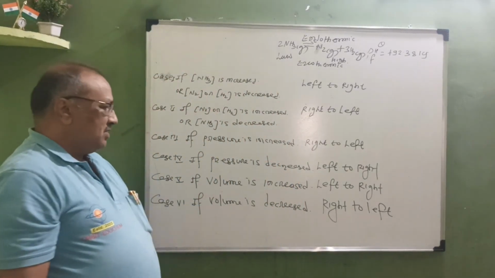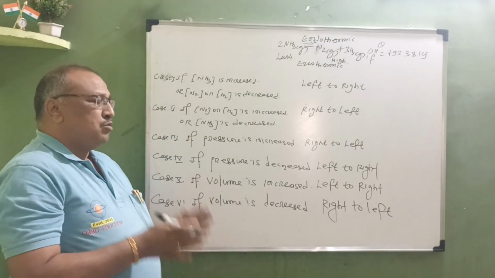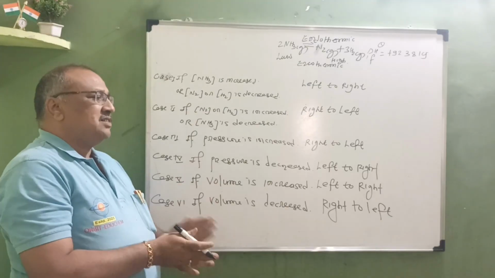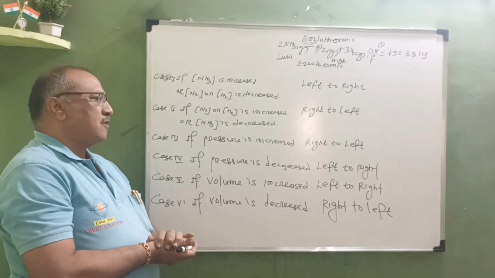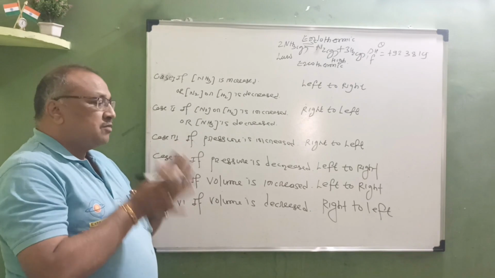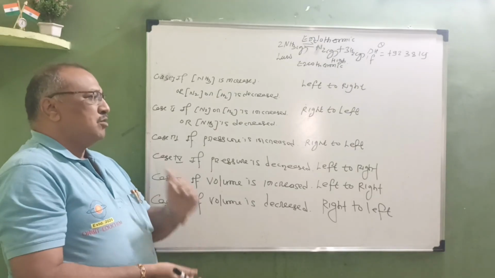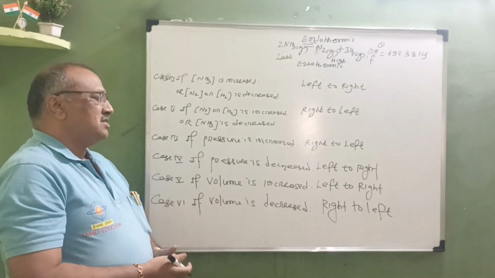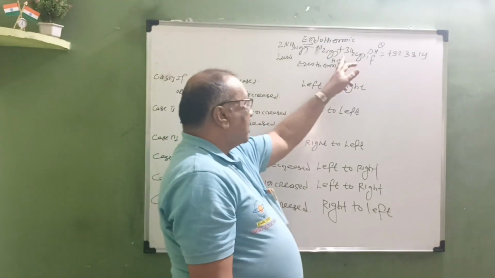Or in another way, volume is decreased means number of moles of gaseous system per unit volume is increased. That means equilibrium of the reaction will shift in the direction in which number of moles of gaseous system is decreased. That means from right to left.